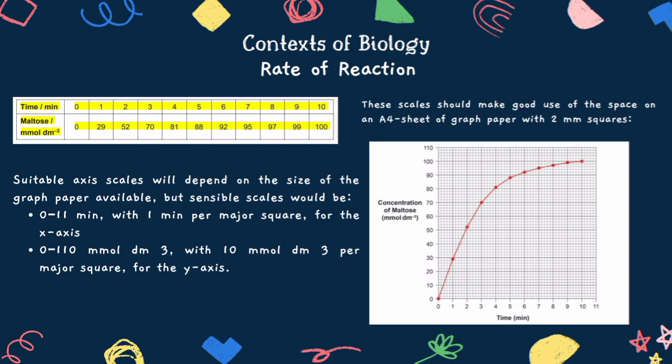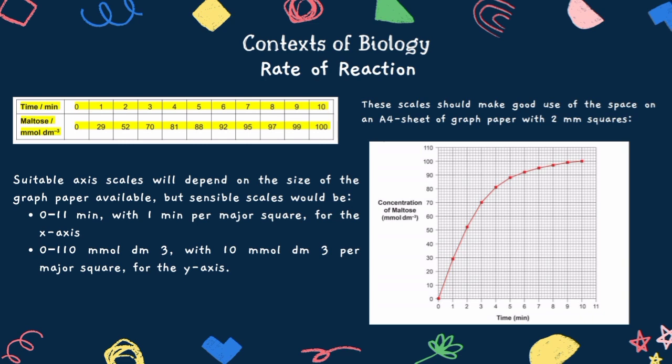For the first, there is rate of reaction. There are the data, usually provided in a table. And then that is the graph, and for this graph, sensible scales would be for the x-axis 0 until 11 minutes with 1 minute per measure square.